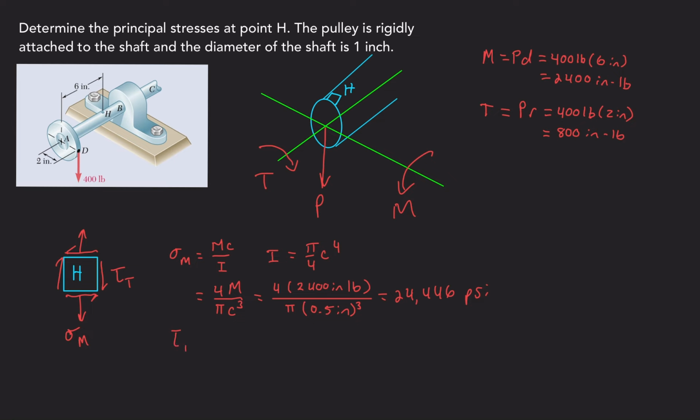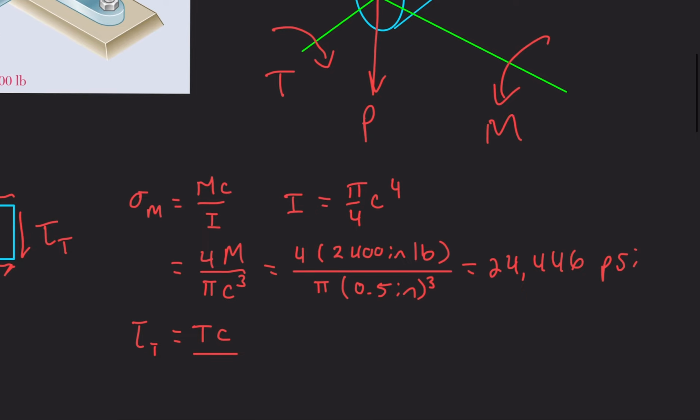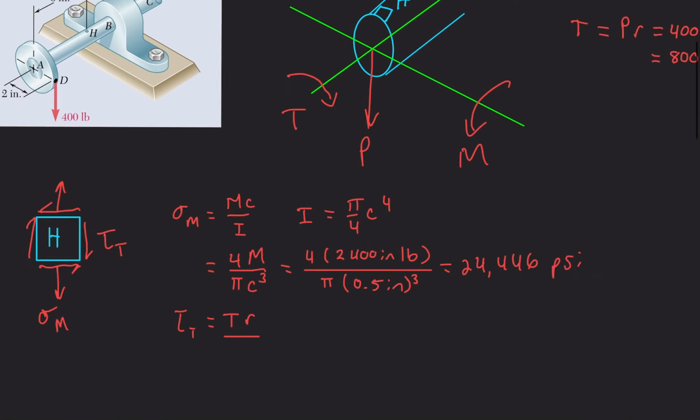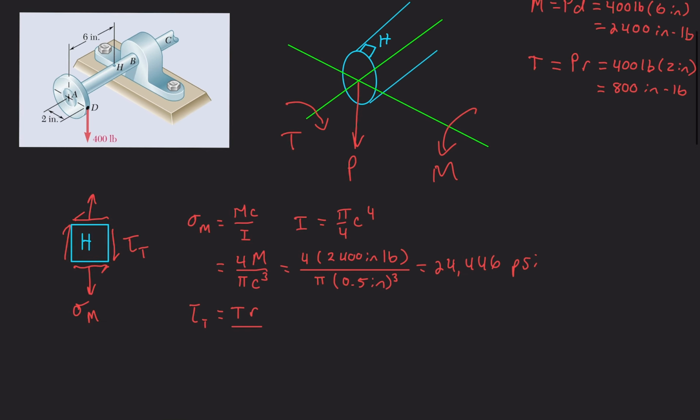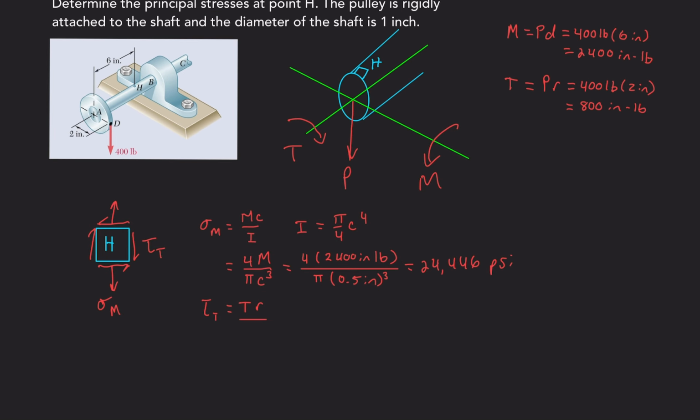Now for the shear stress calculation, this is going to be equal to the torque times the radius. Actually, let me call that radius, not C, because here in the shear stress calculation, due to the torque, I'm talking about the radius of the pulley.